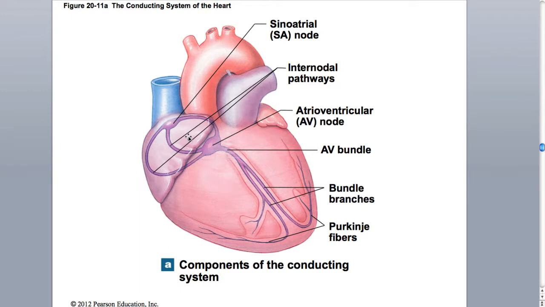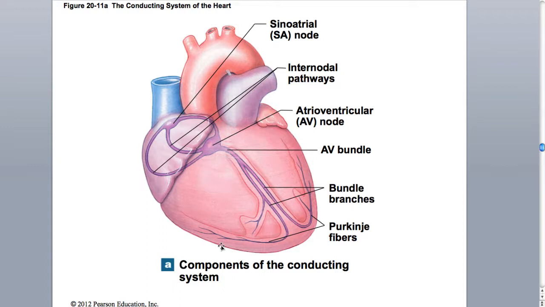So again, if I trigger the SA node, then I'm going to trigger the atria to contract. If I get down to the AV node and then move down the bundle and I get all the way down to the Purkinje fibers, then what's going to happen? I'm going to stimulate the ventricles electrically first, and what will follow? The contraction, the physical contraction of the ventricles. So you see how that works.